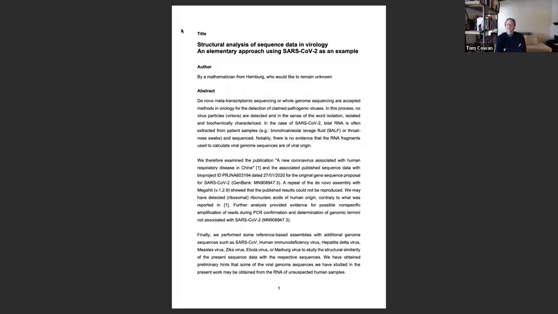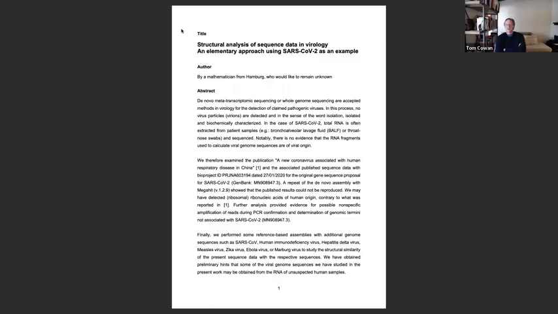We may have detected ribosomal RNA, ribonucleic acids of human origin, contrary to what was reported in the paper. Further analysis provided evidence for possible non-specific amplification of reads during PCR confirmation and determination of genomic termini not associated with SARS-CoV-2.